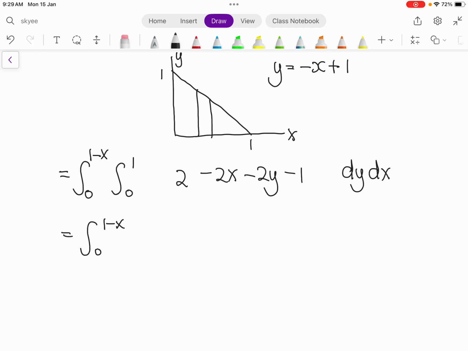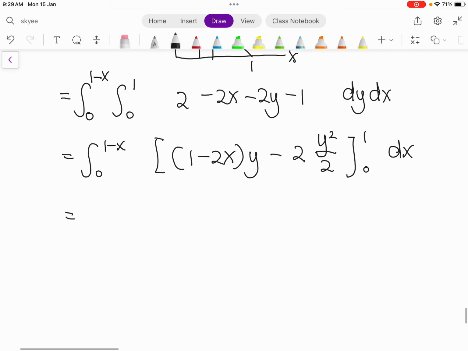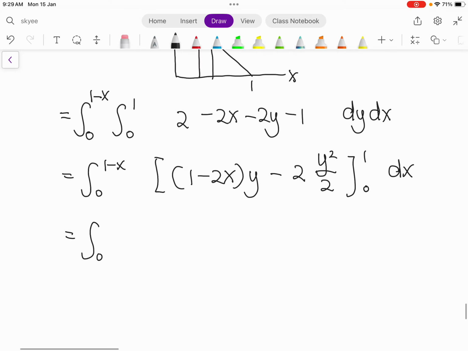So 2 minus 1 becomes 1. So you will have 1 minus 2x. Integrate with respect to y. You get 2y squared over 2. So this one we do manually. Oops, I'm wrong.